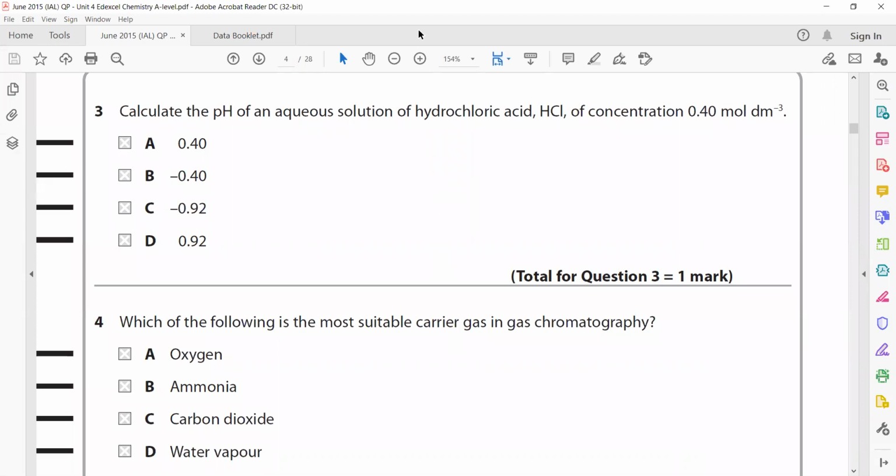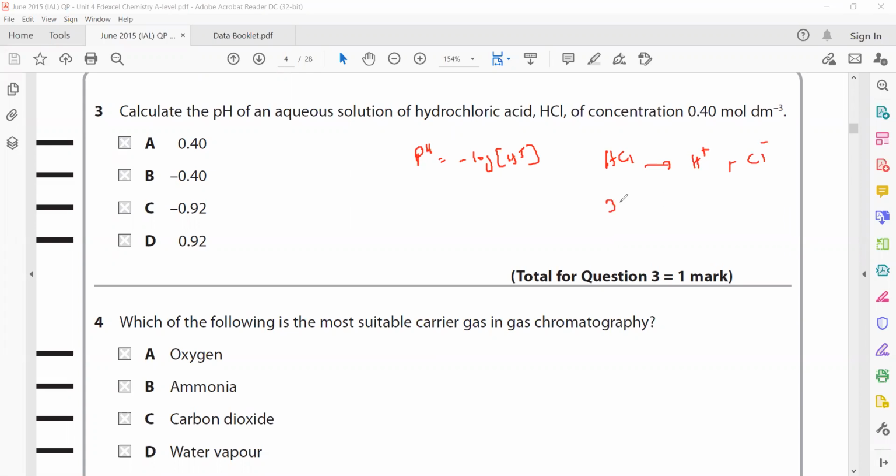Calculate the pH of an aqueous solution of hydrochloric acid of concentration 0.4 mole per dm3. So we have the formula pH equals minus log of hydrogen ion concentration, and HCl will dissociate into H plus and Cl minus.